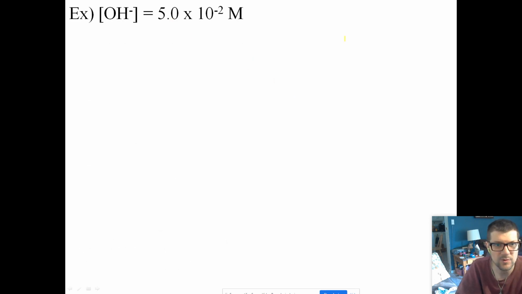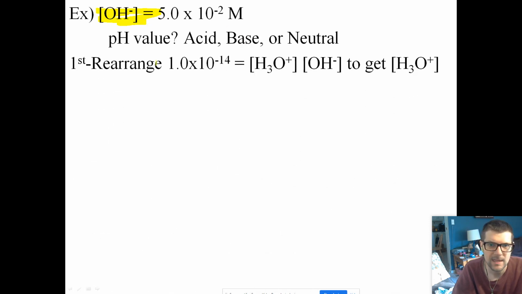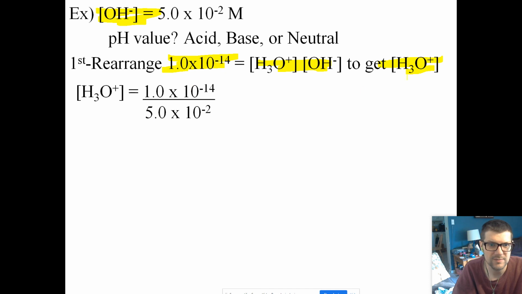Another example would be, what if we had hydroxide instead of hydronium? Well, now, to do pH, we're looking for hydronium, not hydroxide. So first we need to do that rearranging of the equilibrium equation, right, to solve for hydronium, because that's what we care about. So hydronium is 1 times 10 to the negative 14th, that's that equilibrium constant, divided by the hydroxide concentration.